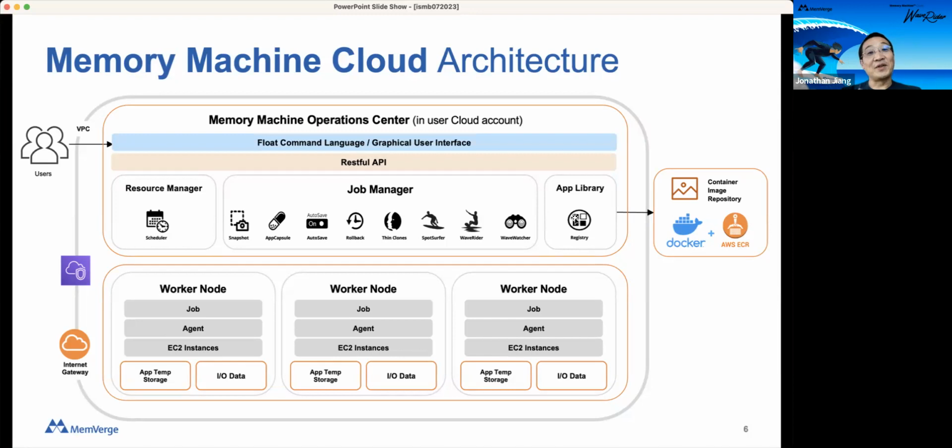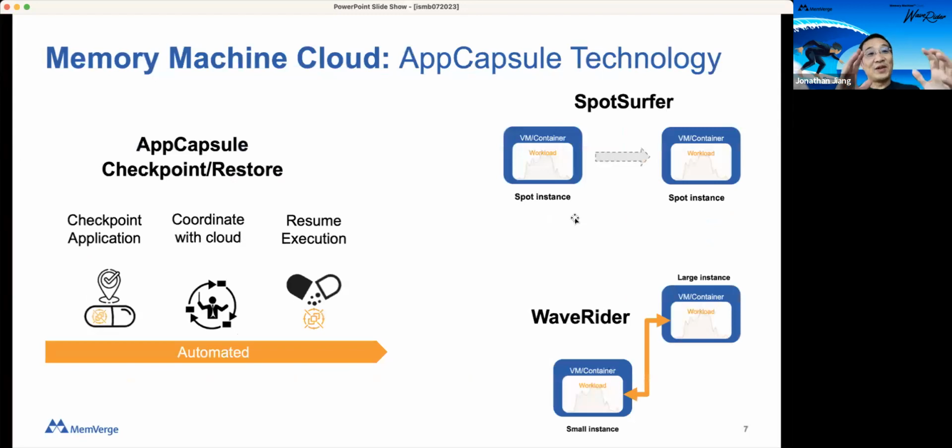And Memory Machine Cloud has some very cool features that do the optimization in an automated fashion. At the heart of Memory Machine Cloud, we have a technology called AppCapsule. AppCapsule is the ability to snapshot all the state information that's needed to run an application.